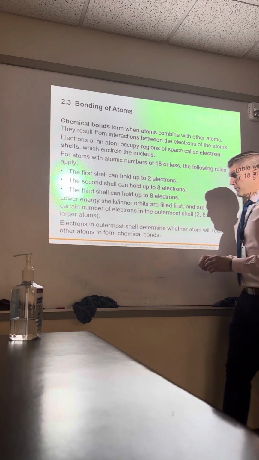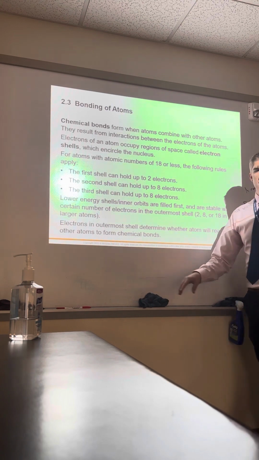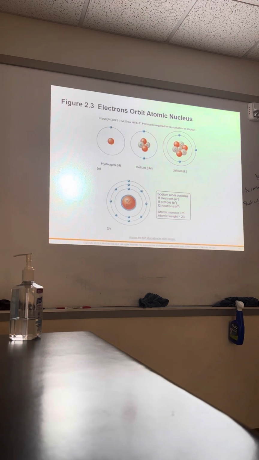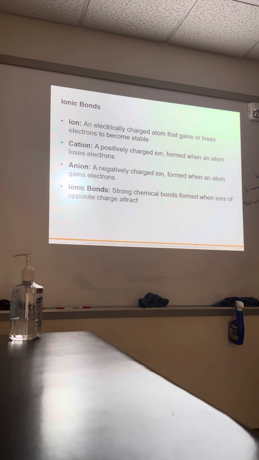Ionic, covalent, peptide bonds, there's hydrogen bonds. Yeah, good. And then within the covalent bonds, there's two different types within the covalent bond family. They're polar and non-polar. Okay? So we'll go through those real quick.